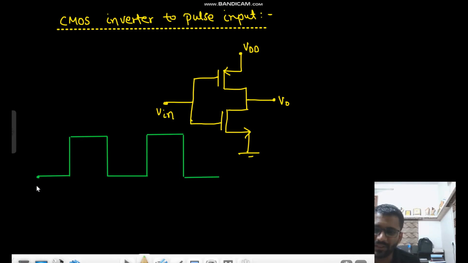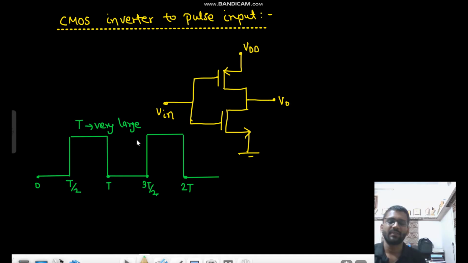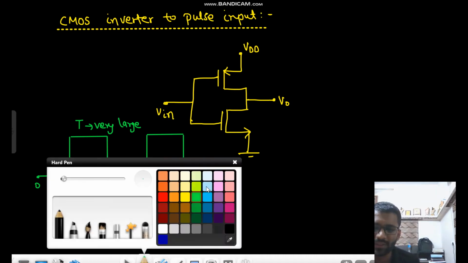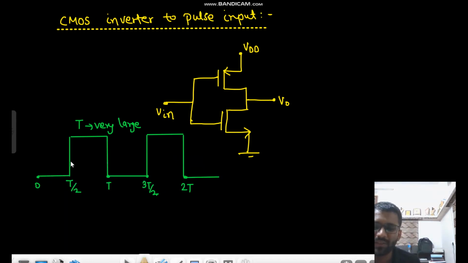Like this is time 0, this is T by 2, this is T, this is 3T by 2, this is 2T. And one thing is that T is very large, that would be given. One input level we can put is 0 volt, and the other we can put is VDD.